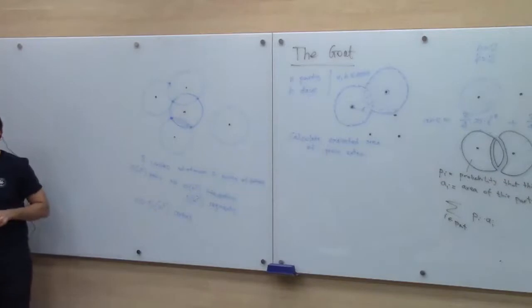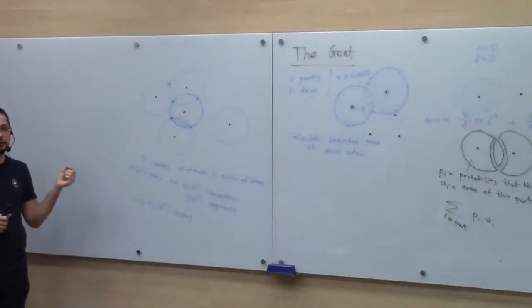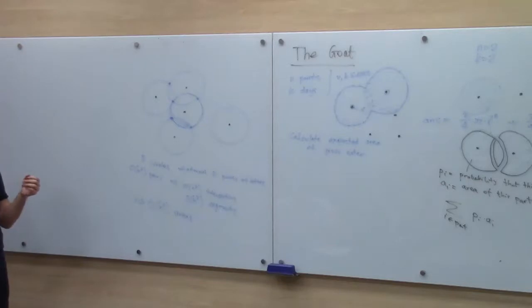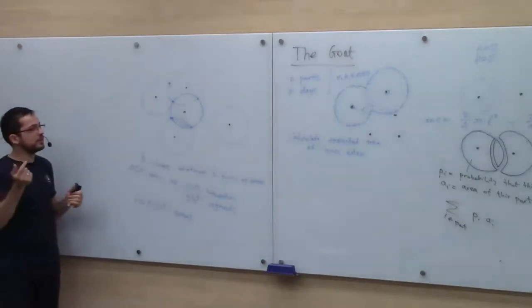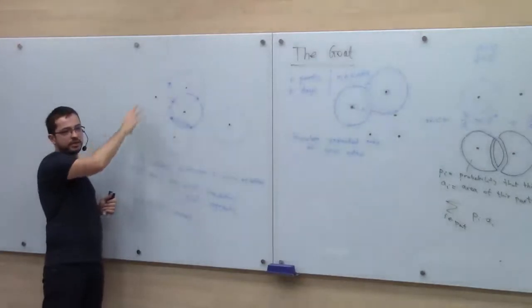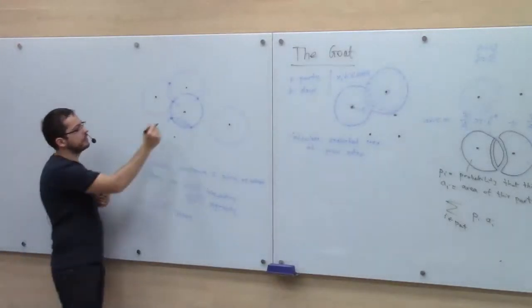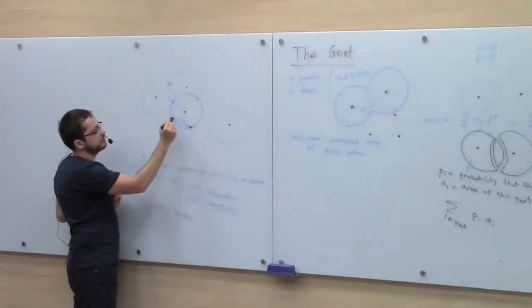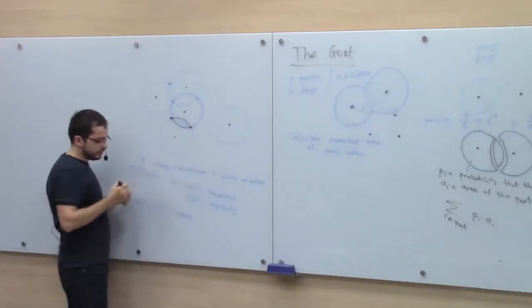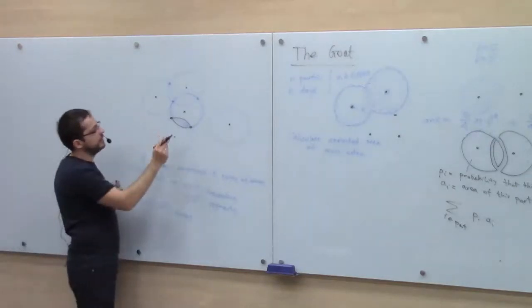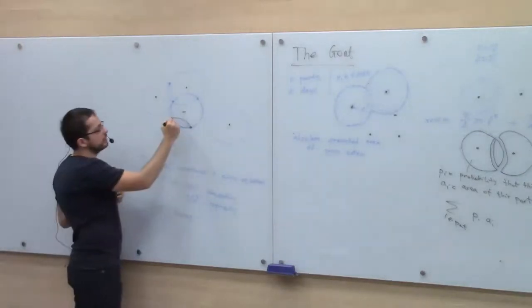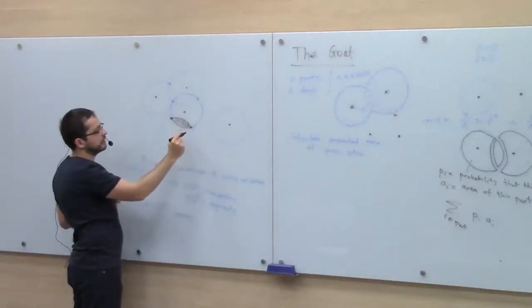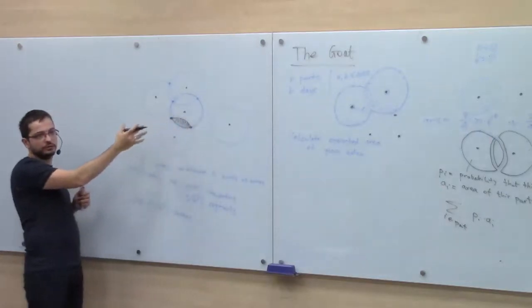And why is that? We can use the Euler formula for planar graphs, because we can look at this image as a planar graph. So we have some vertices, and we have some edges between them. If we draw a planar graph in such a way that we have no intersecting edges, then we can talk about these parts of the plane which are called faces.